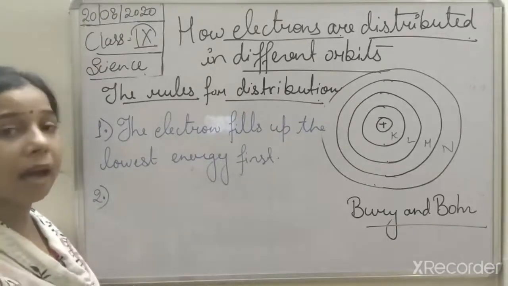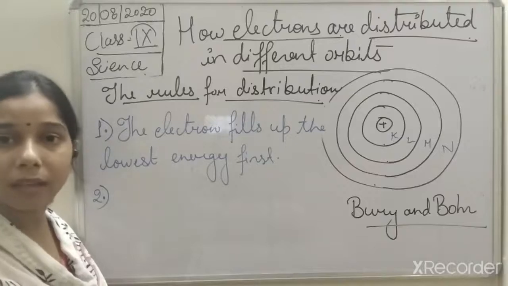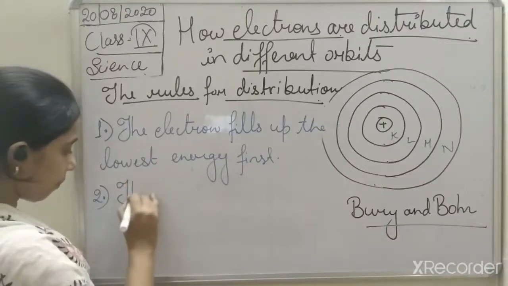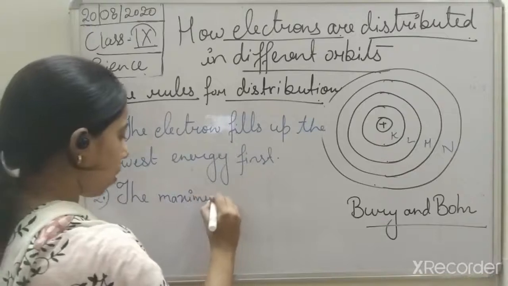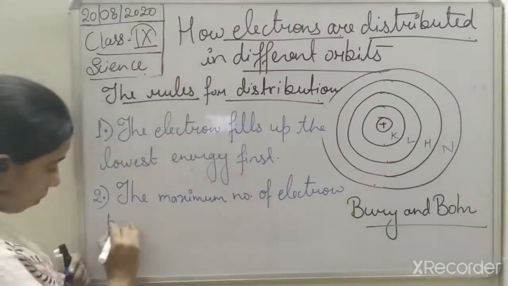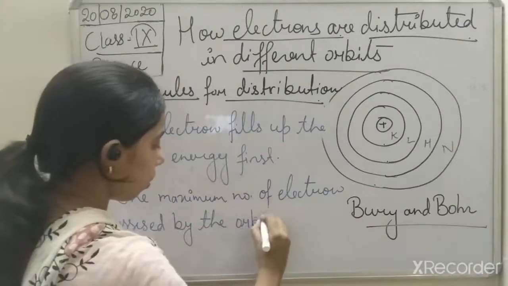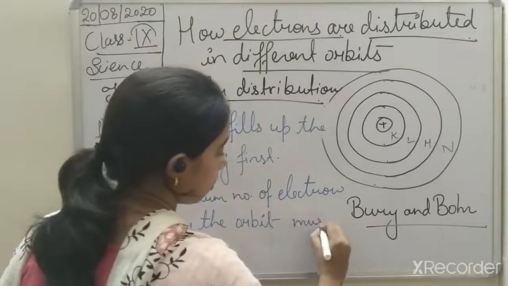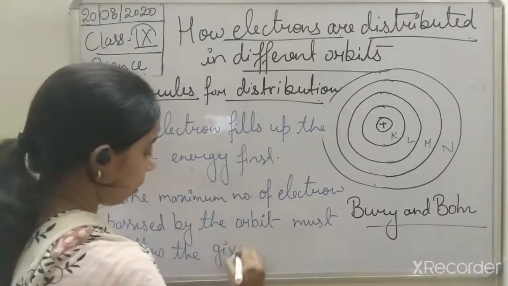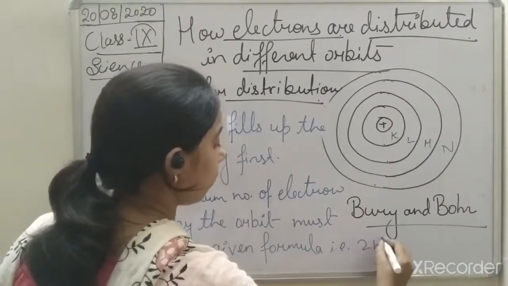It means the maximum number of electrons accommodated by each orbit is given by the formula 2n squared. So we write: the maximum number of electrons possessed by the orbit must follow the given formula, that is 2n squared.